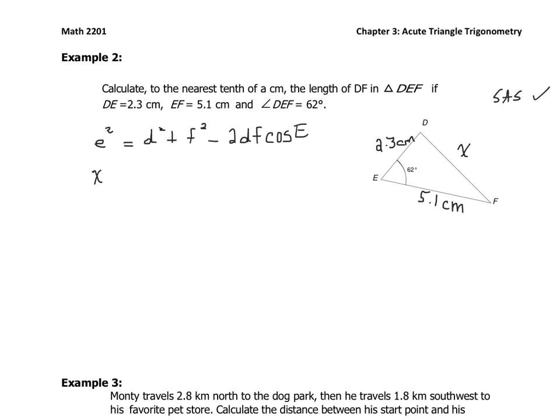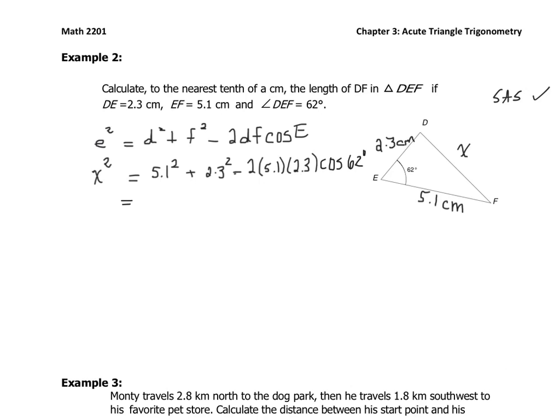So again, I put x next to the side that I want. x squared equals, the side d is 5.1 squared plus 2.3 squared minus 2 times 5.1 times 2.3 times cosine of 62 degrees.